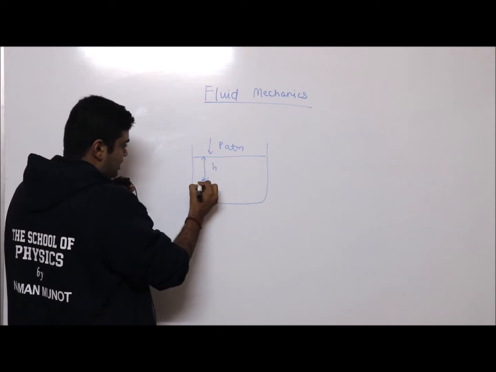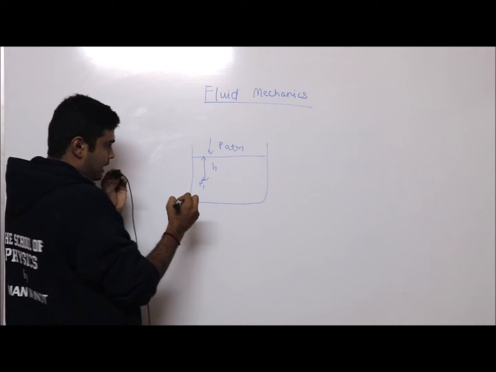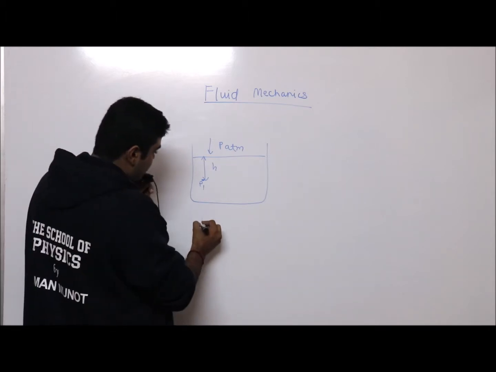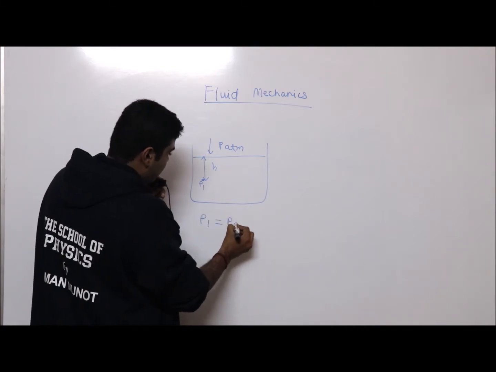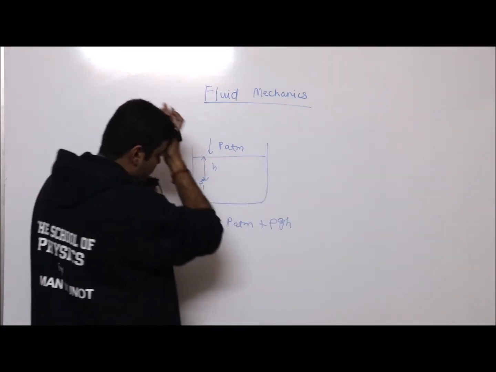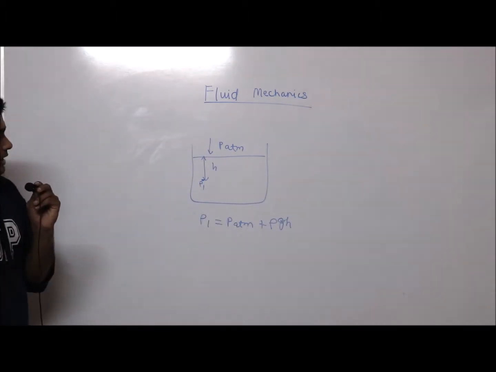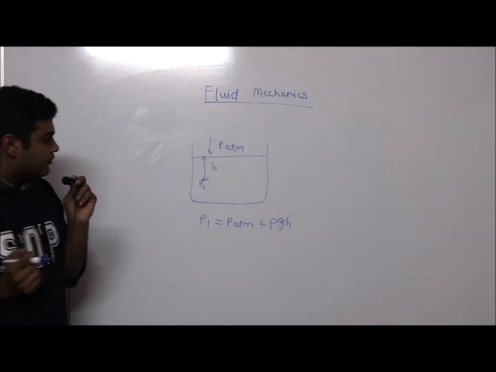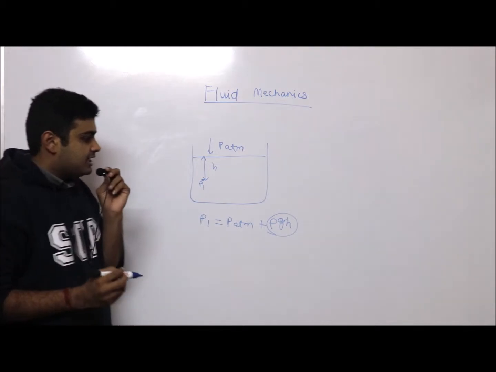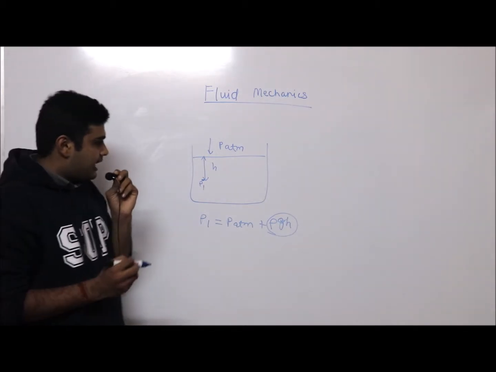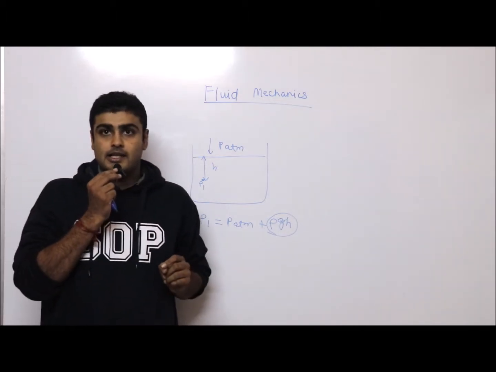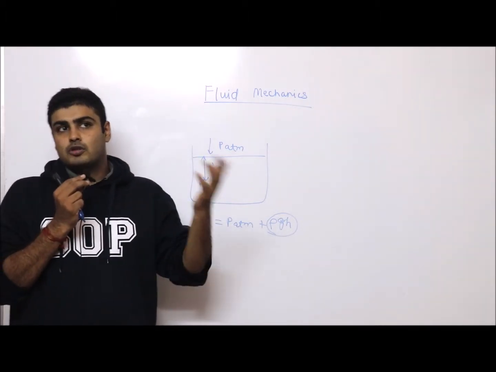The pressure at this point is P1. P1 is P atmosphere plus rho gh, where rho is the density of the fluid, g is the acceleration due to gravity, and h is the height from the surface.